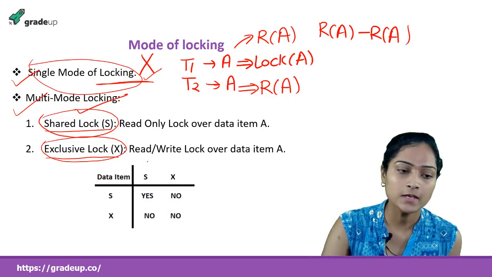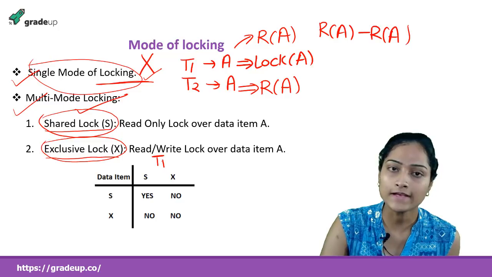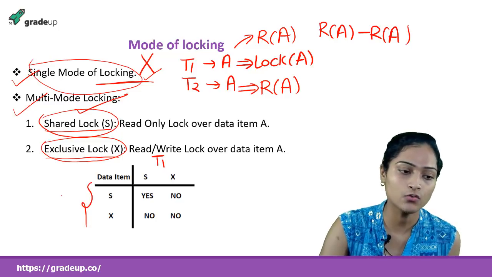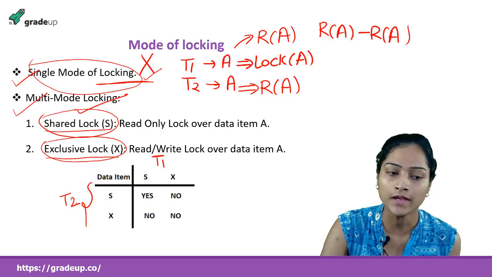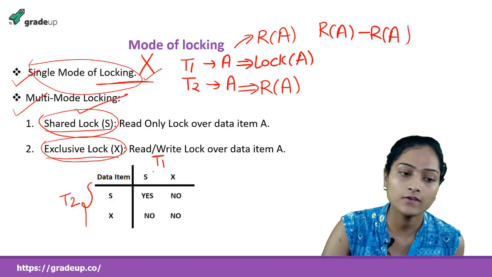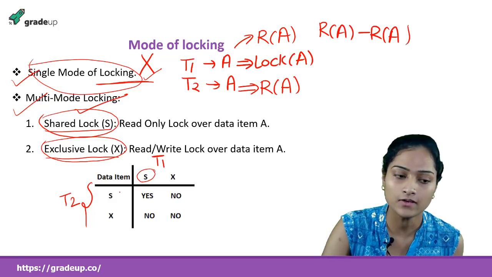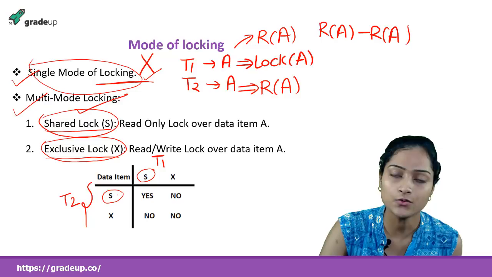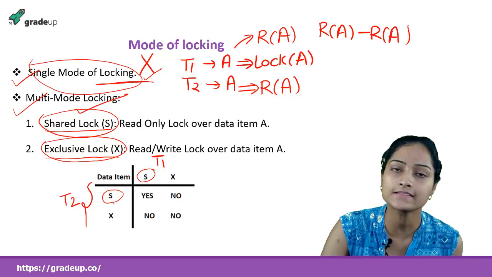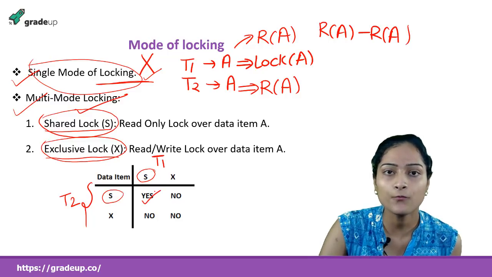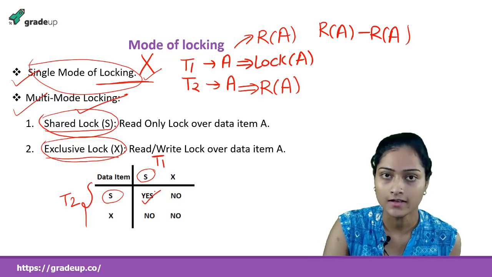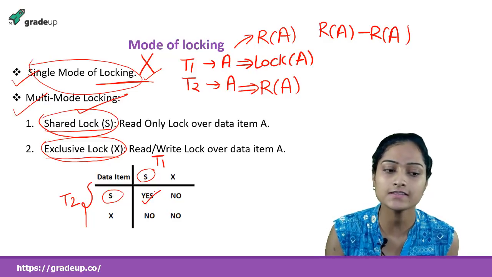Suppose transaction T1 wants to access data item A and transaction T2 also wants to access data item A. Suppose T1 wants to access data item A for read purpose as well as T2 also wants to read data item A. So the concurrency controller will grant a shared lock to transaction T1 and a shared lock to transaction T2 over data item A, and both transactions can read data item A concurrently. Then the degree of concurrency is quite high here and utilization of resources is good.